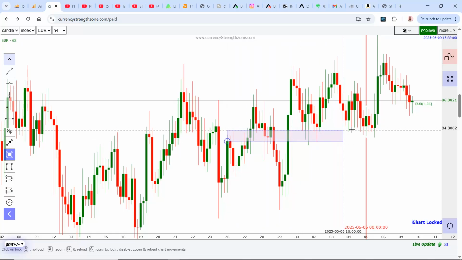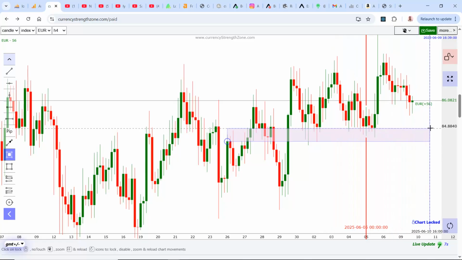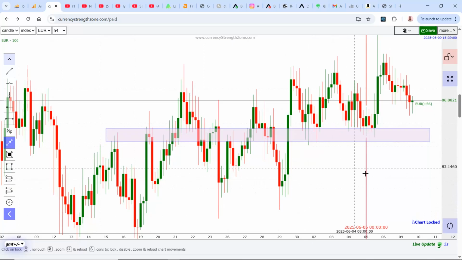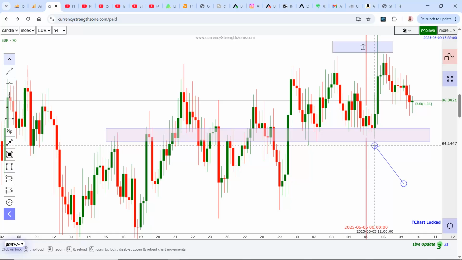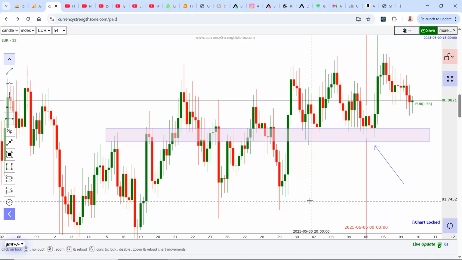So over here we can identify a strong support and resistance zone. Right at this date, the market immediately reversed from this point because of this support and resistance zone.